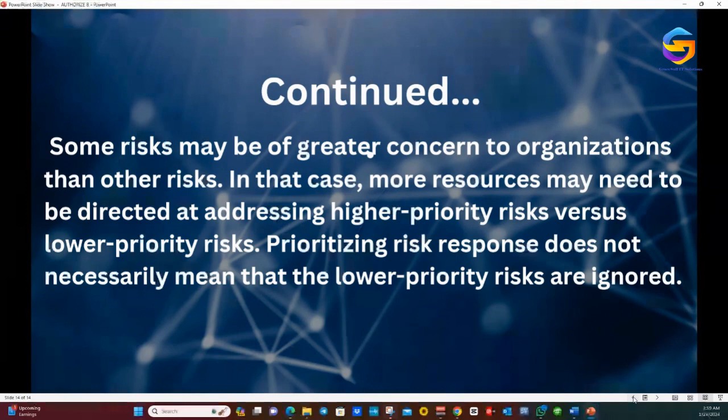So responding to risks will depend on the organization, how they want to go about the risks. But every decision would have to be discussed with the AO, because the AO will finally either accept risks or deny risks.